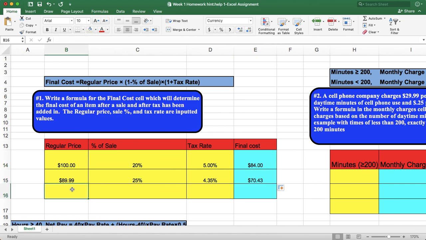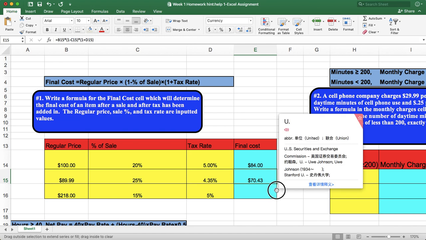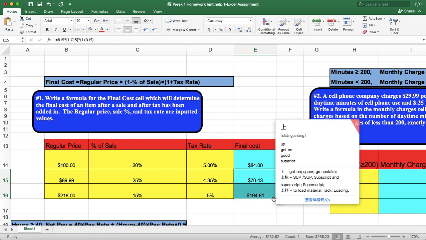Another example, this time is 21, and 15% off, tax rate 5.31, and then write down this cell. You put the mouse on the right bottom of the cell, and drag down. Okay.